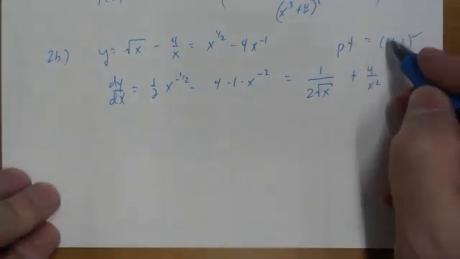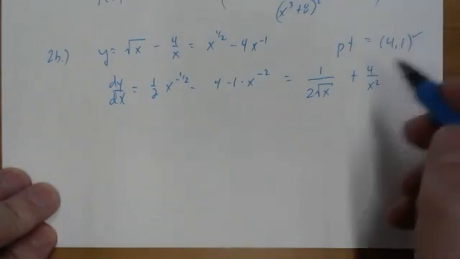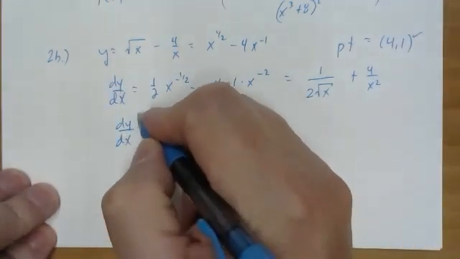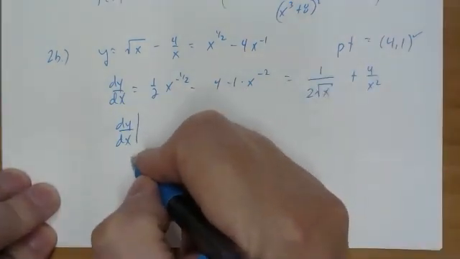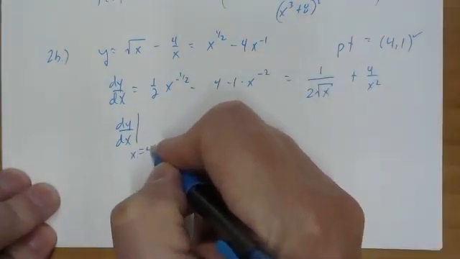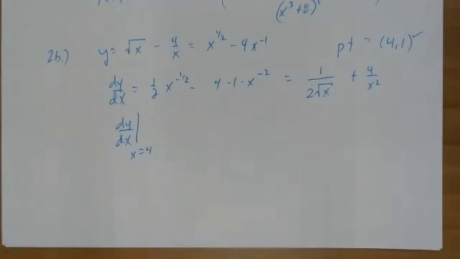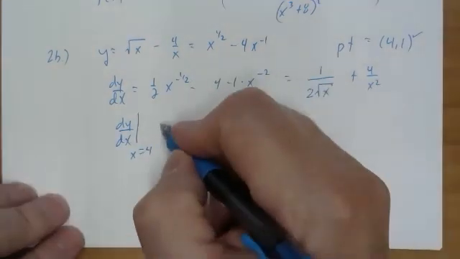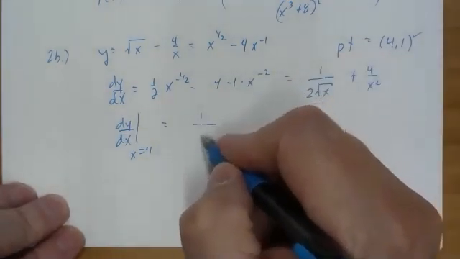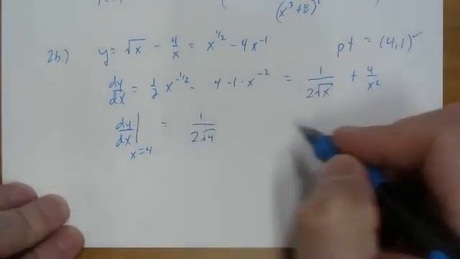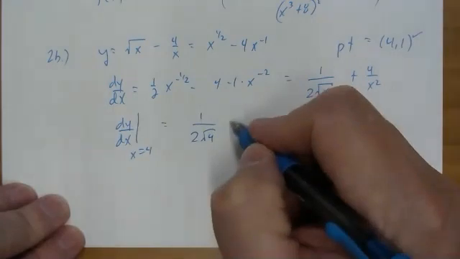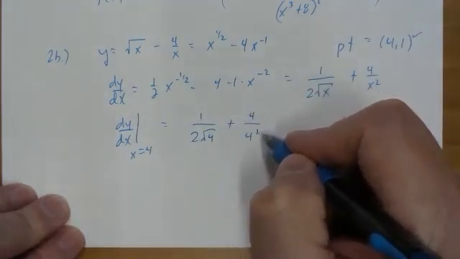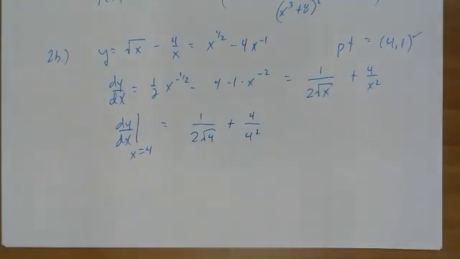Now I'm looking at a certain point, x is 4, y is 1. So I want to know the slope when x equals 4. So I plug in 4 for x. 1/2 times square root of 4 plus 4 over 4 squared.